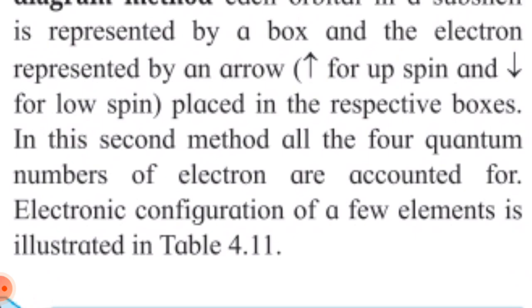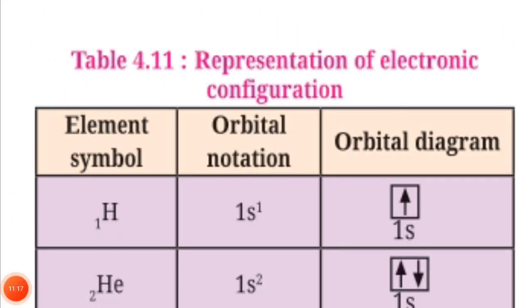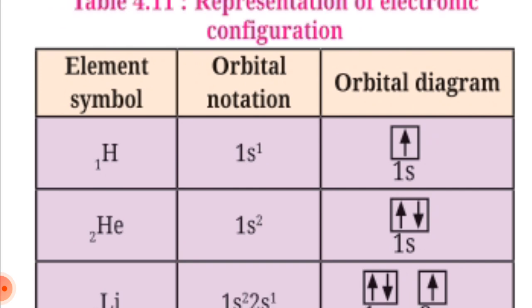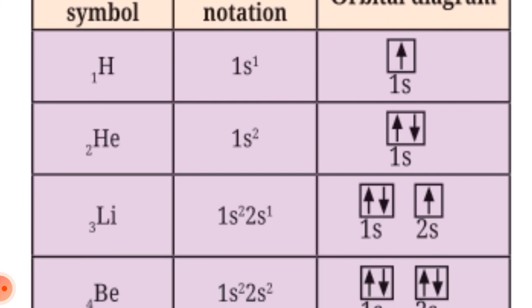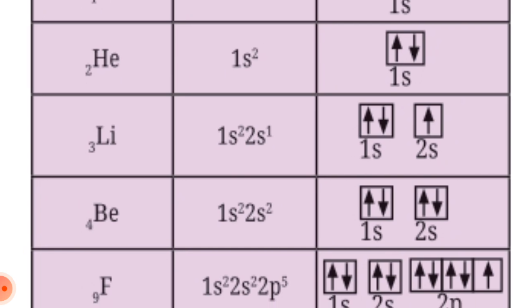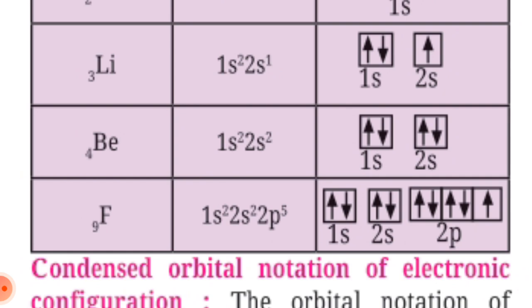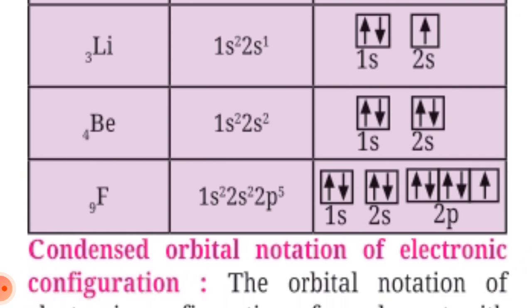Electronic configuration of a few elements is illustrated in table 4.11, representing electronic configurations. Element symbol 1 H, orbital notation 1s1. 2 helium 1s2, 1s orbital having 2 electrons. 3 lithium 1s2 2s1, 1s has 2 electrons, 2s has 1 electron.